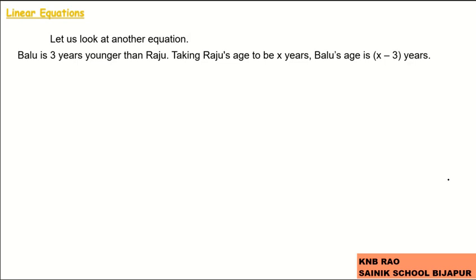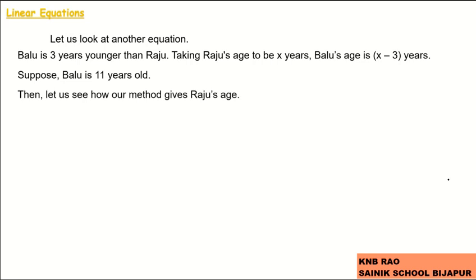Balu is 3 years younger than Raju. Considering Raju's age as x years, Balu's age becomes x minus 3 years. Suppose Balu is 11 years old, then what would be the age of Raju?